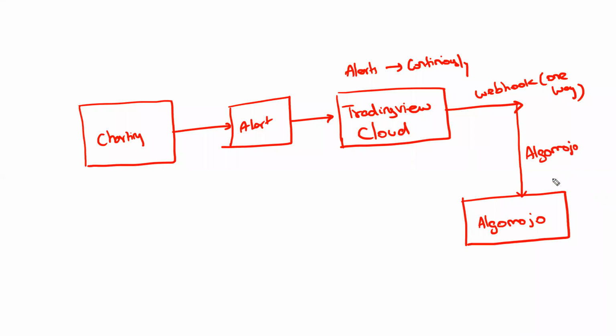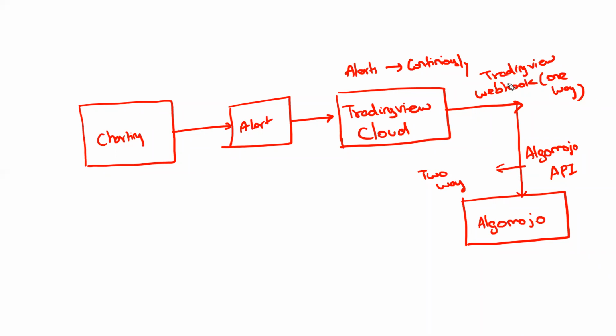The TradingView webhook is used to communicate to the Algomojo API. The Algomojo API is two-way. It has the capability to communicate both ways, which means the API can send and the API can receive also.